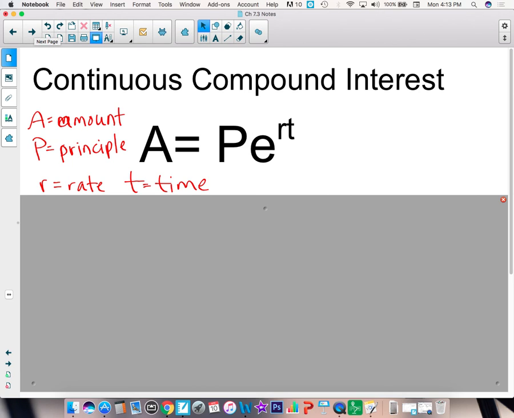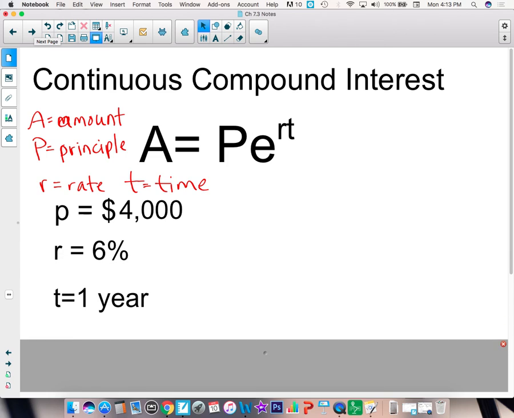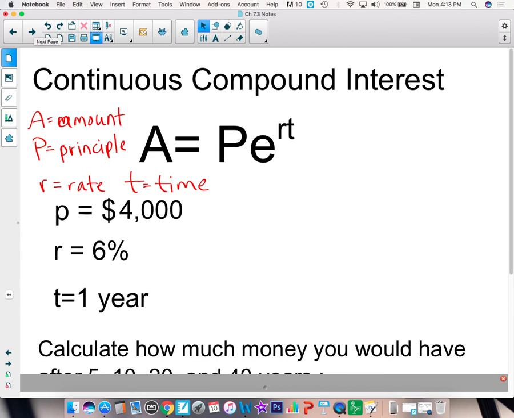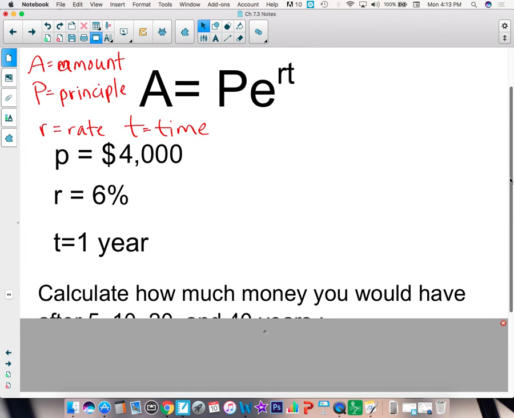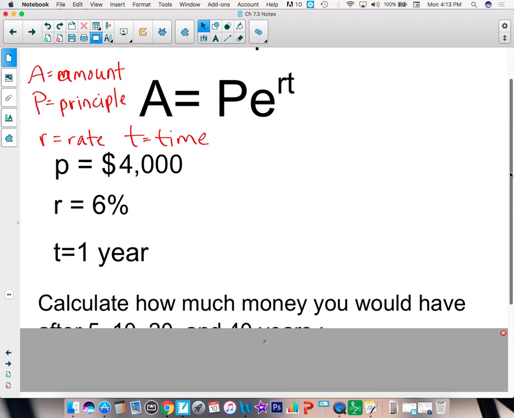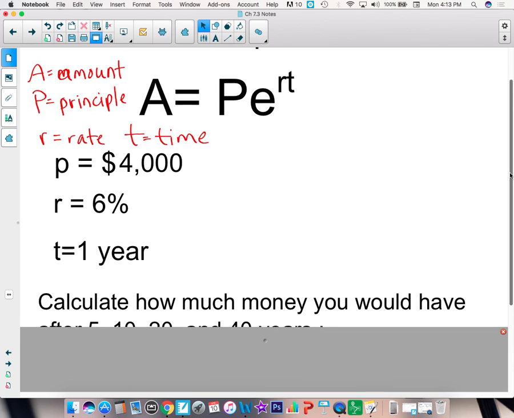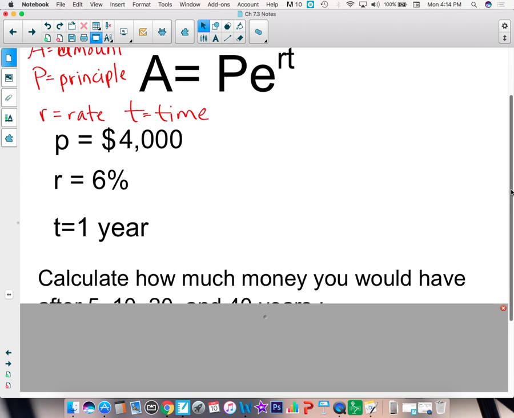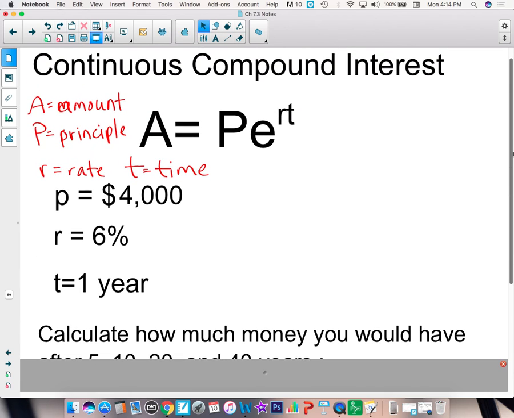All right, so looking at an example using this stuff. So we got an account here where we're investing $4,000 at 6% interest, and over time we're just going to do it for 1 year. Okay, and that equation is really easy to remember because look at the stuff on the right, it spells PERT, P-E-R-T.